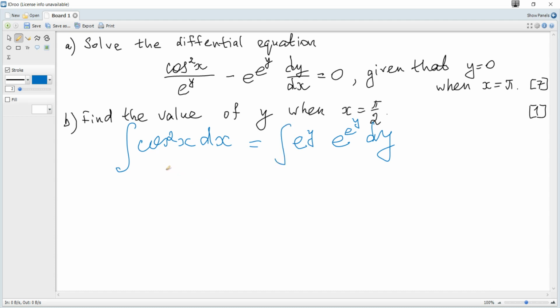And on the left hand side we can see cosine squared. How to integrate cosine squared? Using a double angle formula. It is given in the data booklet, and cosine squared is 1 plus cosine of 2x divided by 2 dx.